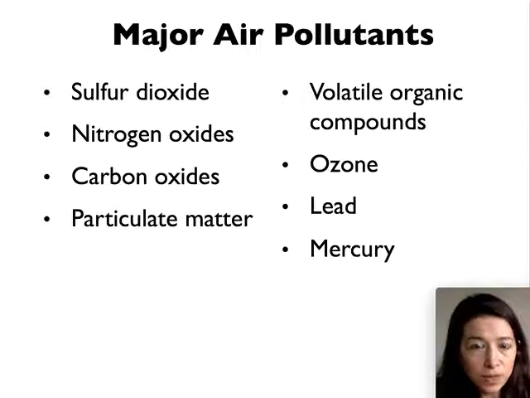Ozone itself is an air pollutant, and it's very important for you to understand the difference between ozone as a pollutant and ozone in terms of the ozone layer that we would like to protect.